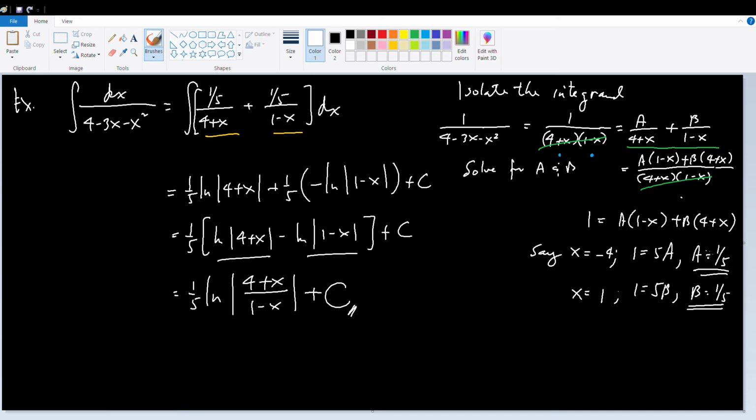And these values are exactly the same as the values of a and b we had using the comparing coefficients method. Using the previous method, we were able to get the same set of answers. So it's up to you to decide which method you would prefer, either comparing coefficients or substitution.